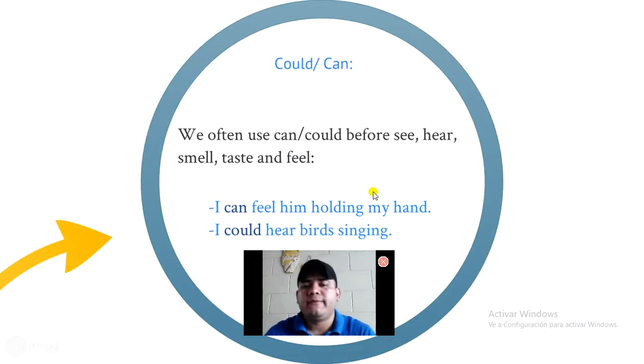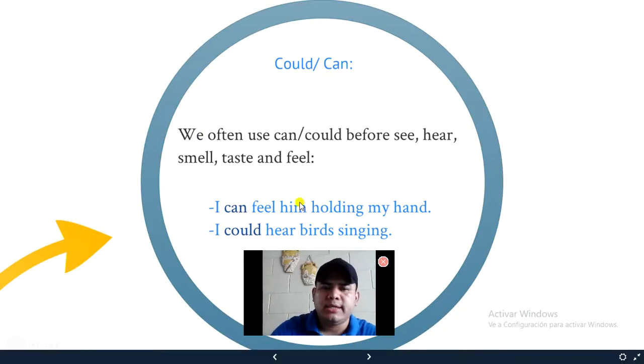So I can feel him holding my hand. I could hear birds singing. Basically, the same process. As you can see, you have here the verb feel, then the person, in this case the object, and then the ing. So this is what we use with can.